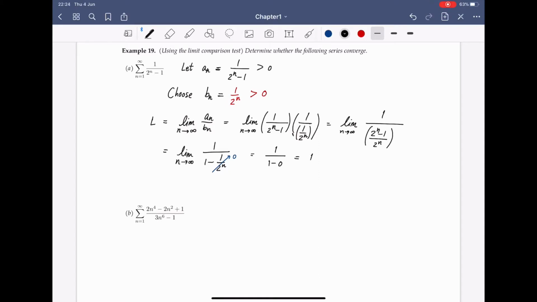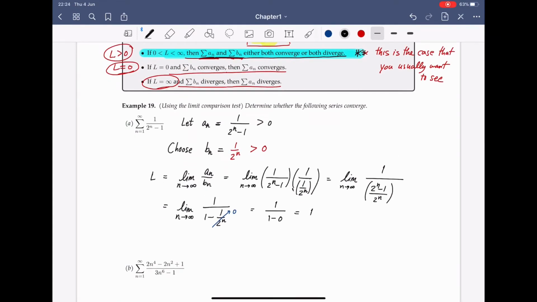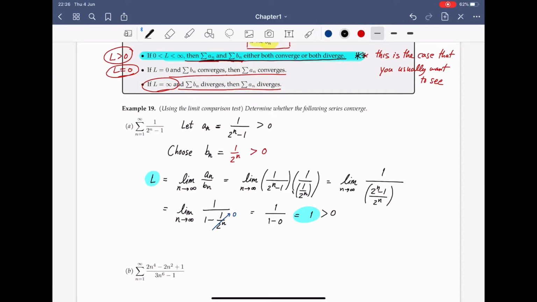Come back to the statement here. When L is equal to 1, that means L is bigger than 0, and this falls into case number 1.